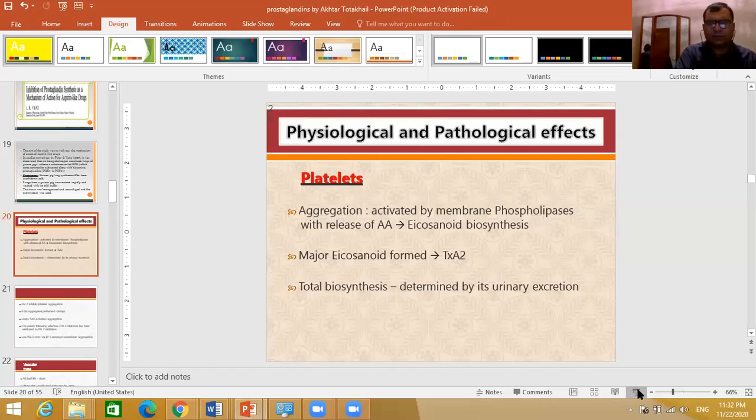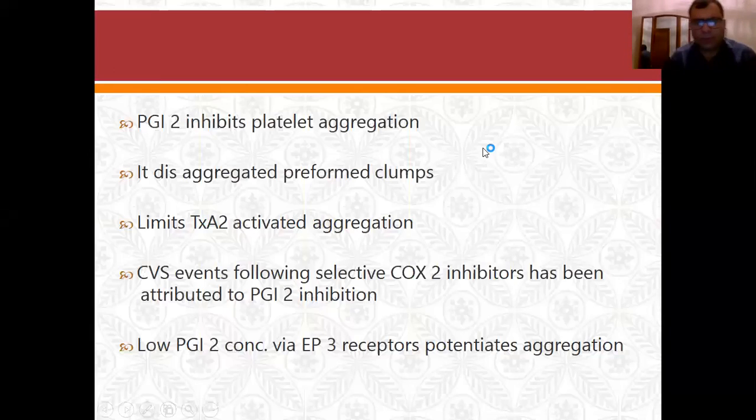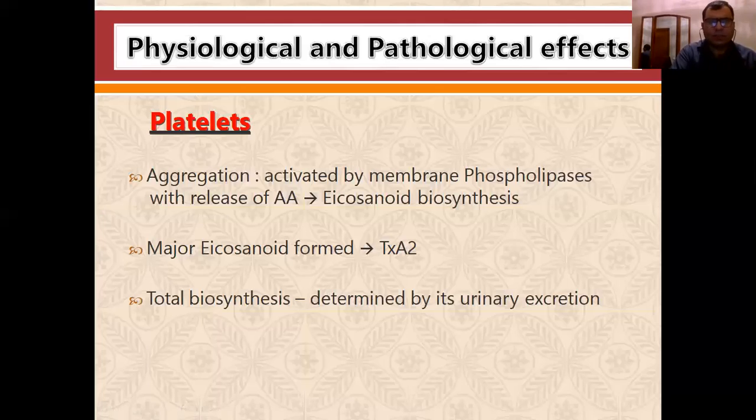Dear students, welcome back. I want to discuss prostaglandin physiological and pathological effects. First of them, platelet aggregation.